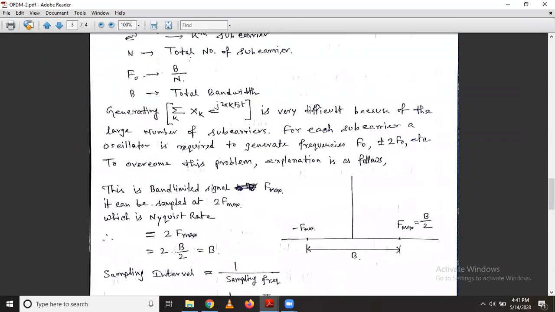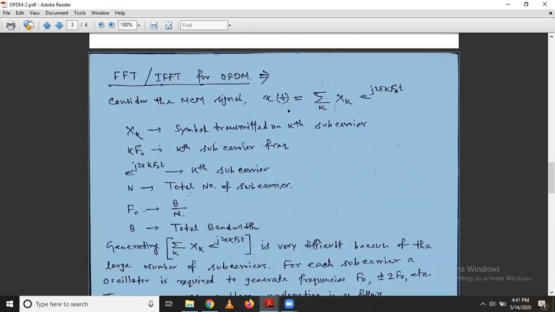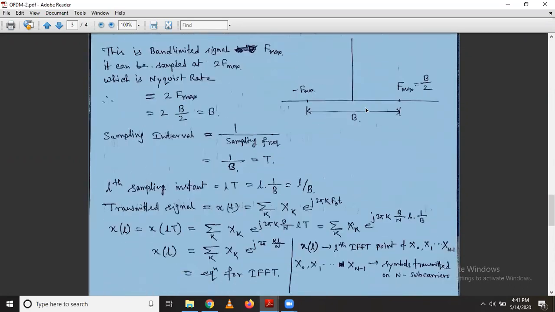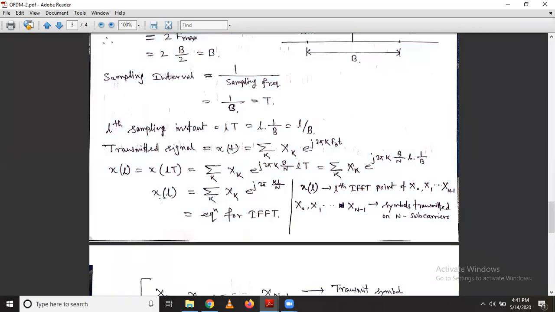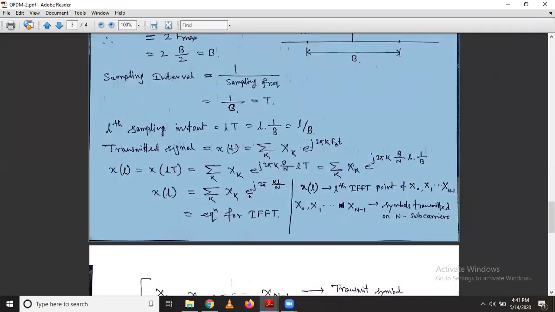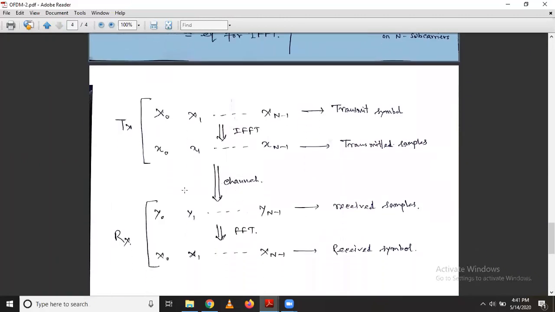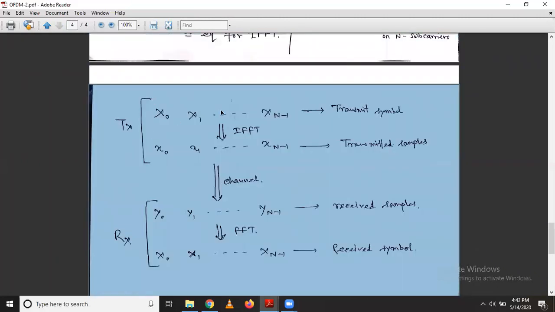So this signal is converted into this one, which is nothing but your IFFT. So capital XK, now come to the next one. On capital XK, if we are applying IFFT, we will get X0, X1, up to X of n minus 1.